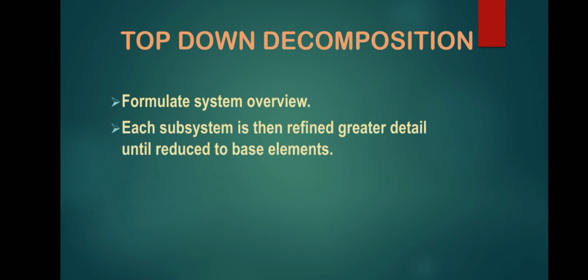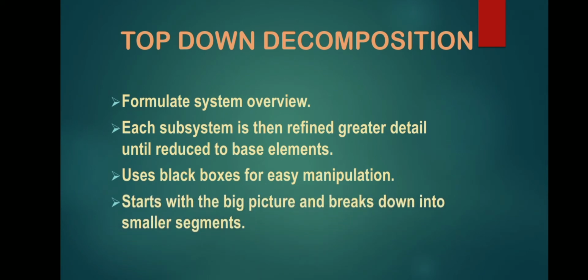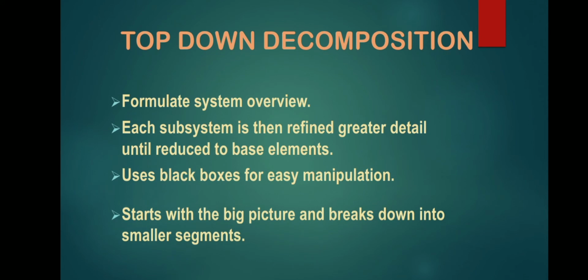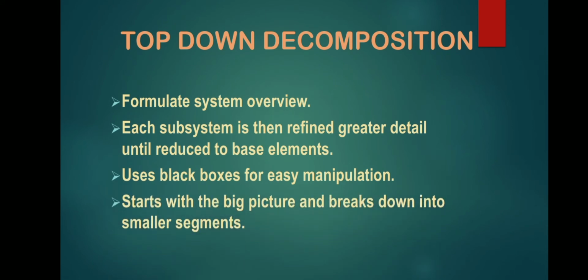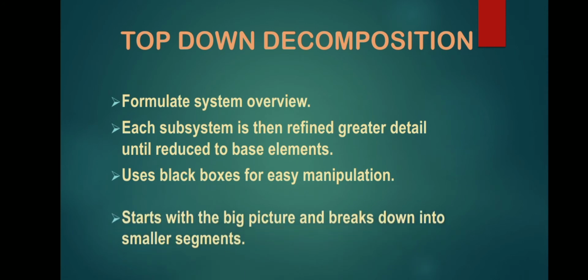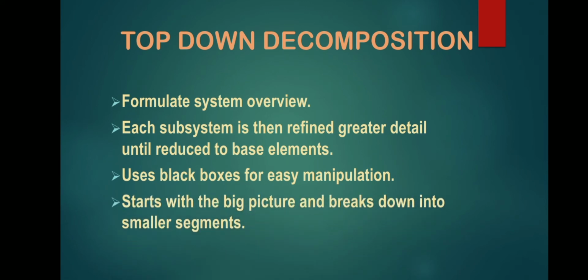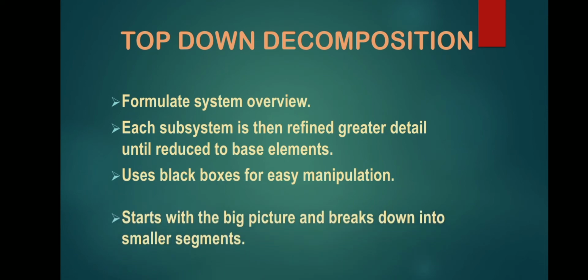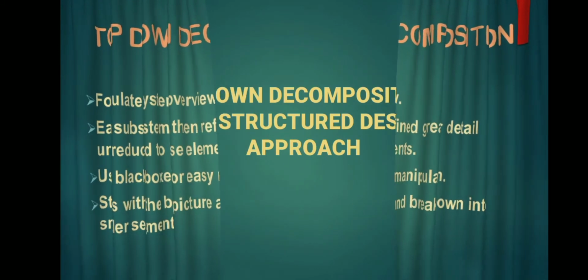A top-down model is often specified with the assistance of black boxes, which makes it easier to manipulate. However, black boxes may fail to clarify elementary mechanisms or be detailed enough to realistically validate the model. The top-down approach starts with a big picture and breaks it down into smaller segments. To give a clearer idea, let us look at it in a more graphical manner.